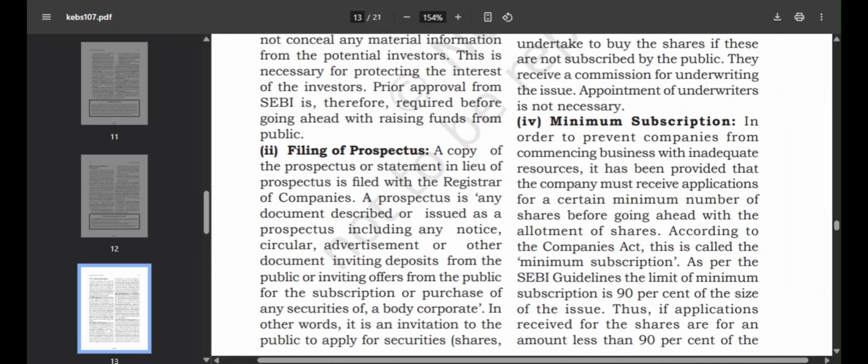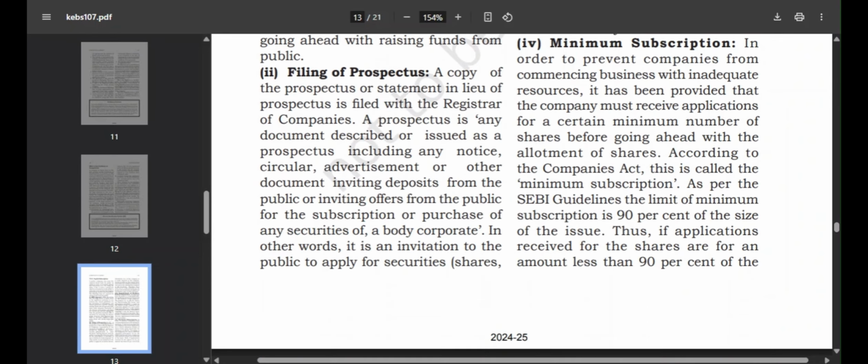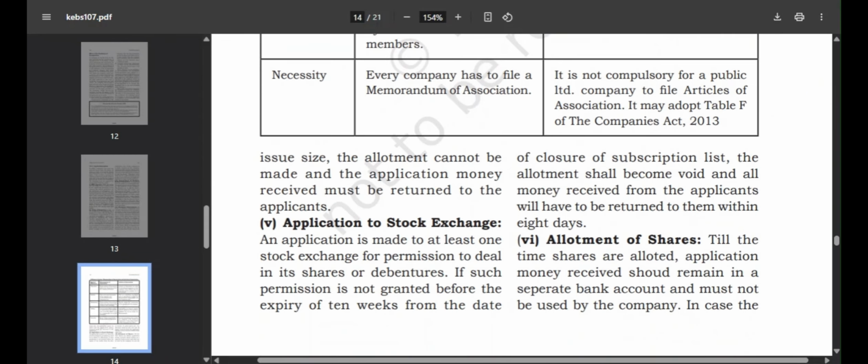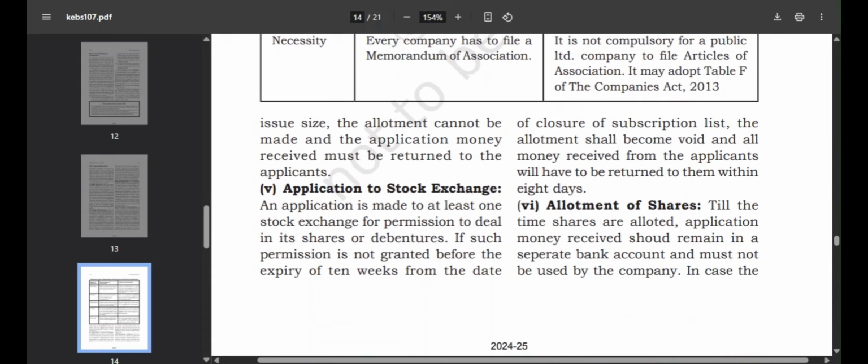According to the Companies Act, this is called minimum subscription. As per SEBI's guidelines, the limit of minimum subscription is 90% of the size of issue. Thus, if applications received are for less than 90% of the issue size, the allotment cannot be made and application money received must be returned to the applicants.